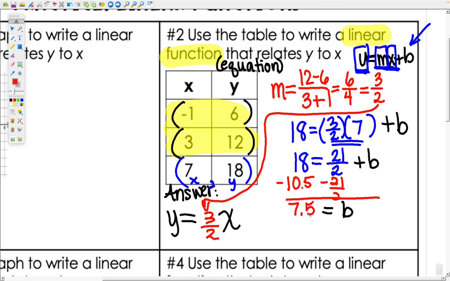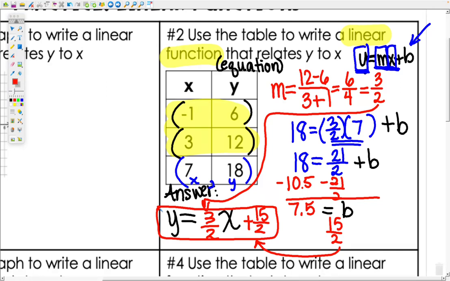It's 7.5, which is the same thing if we did it as a fraction as 15/2. So it really doesn't matter which one I put in place here. I can put 7.5 or 15/2 because I want it to look fluid and the same. I'm going to use the fraction, but I just take the b and I put it right here. So that means I have plus 15/2. And this is my final answer as a linear equation.